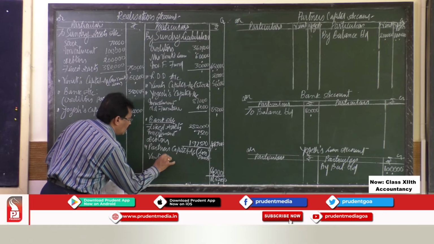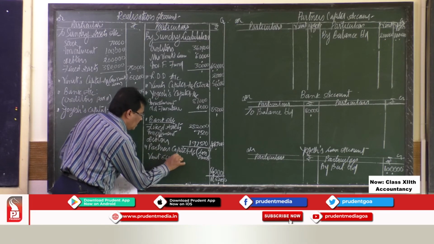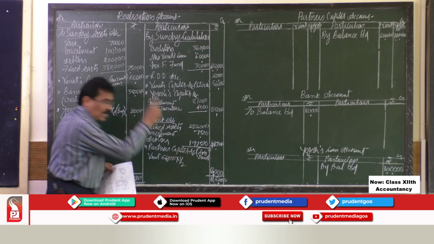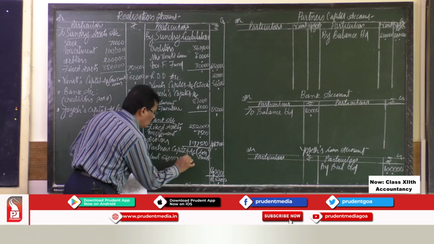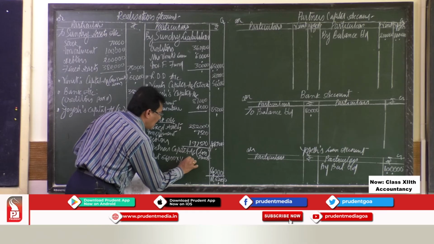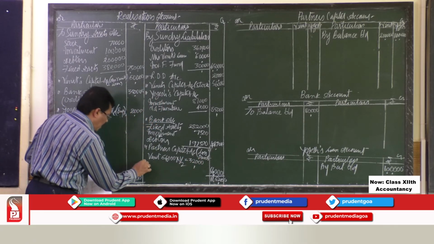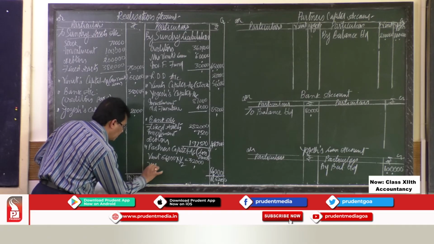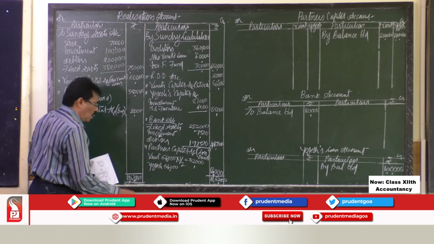So, applying that rule, Vineet, total loss is 64,000. 64,000 distributed equally. There are two partners, 1:1. So, 64,000 into 1 upon 2 gives you 32,000. Same way, Yogesh also, 64,000 was the total loss.